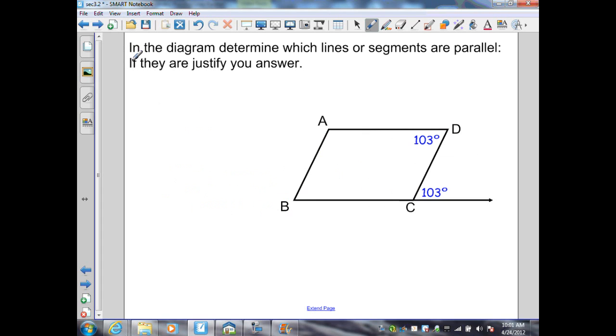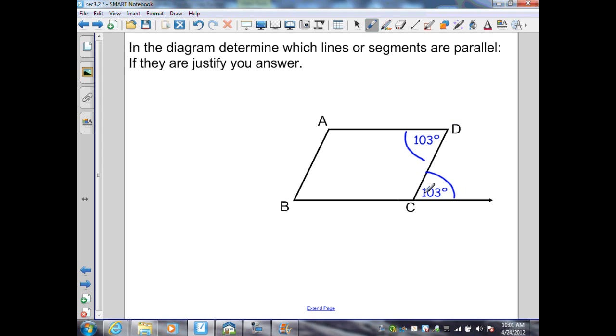In the diagram, determine which lines or segments are parallel. If they are, justify your answer. In this diagram, I have angle D and angle C that are both congruent. They both equal 103 degrees. They are alternate interior angles. DC is the transversal. That is the line that helps form both angles.